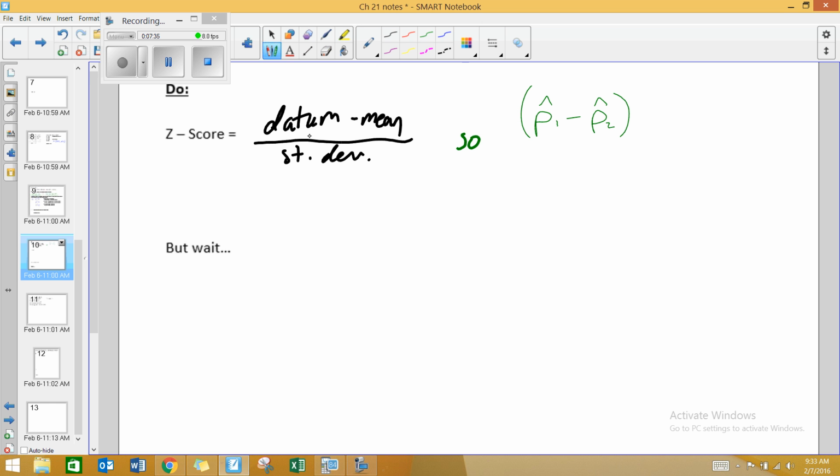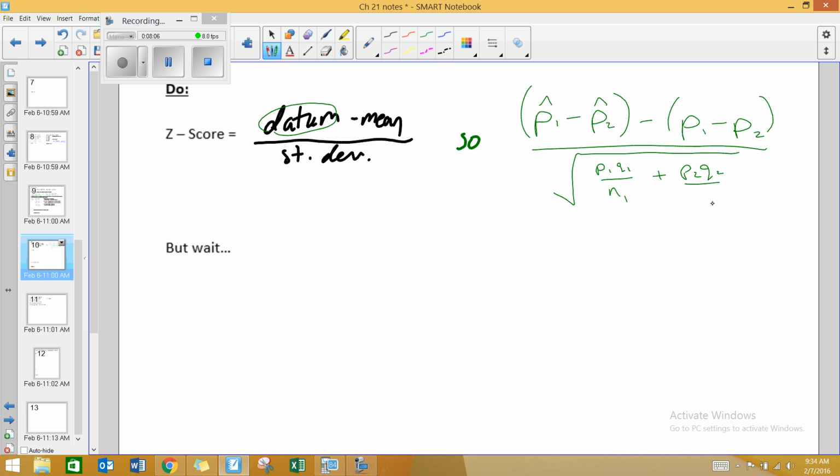That's our datum, that's what we observe, minus P1 minus P2, that value, which is our mean, the center for that sampling distribution, all over the square root of P1 Q1 over N1 plus P2 Q2 over N2.